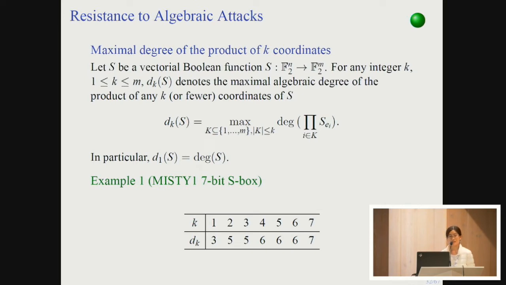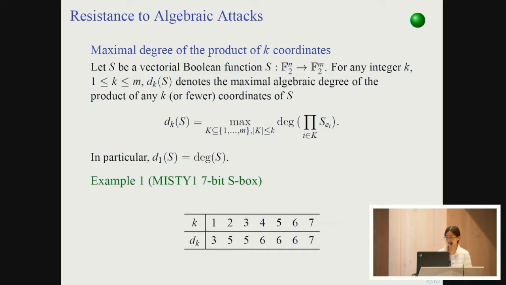Besides the degree of the linear combinations of the coordinates, the maximum degree of the product of k coordinates can also be useful because it may be used in division property based attacks.